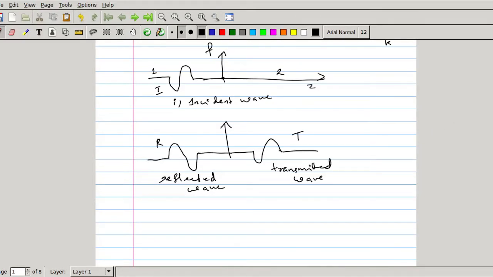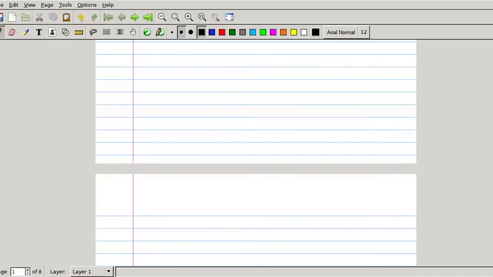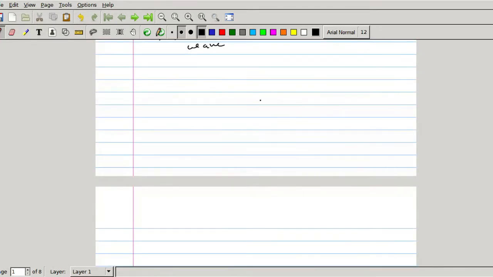Now write the expression for the incident, reflected and transmitted wave.